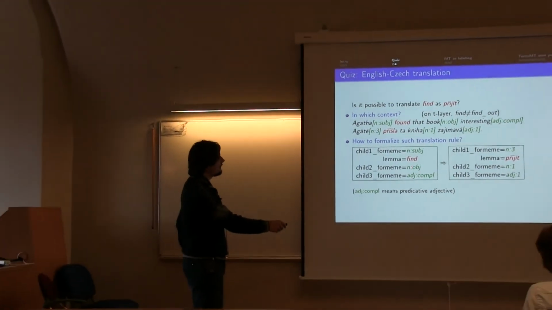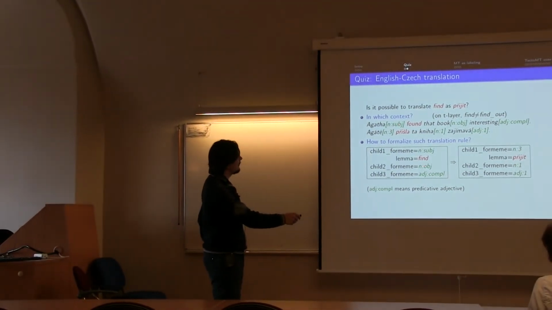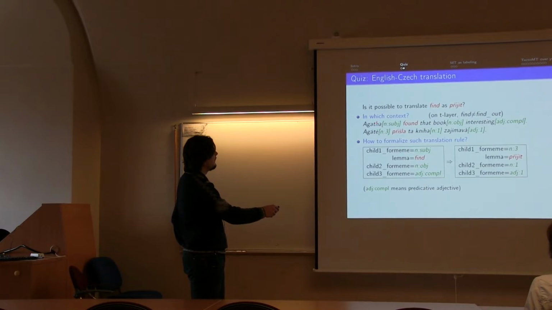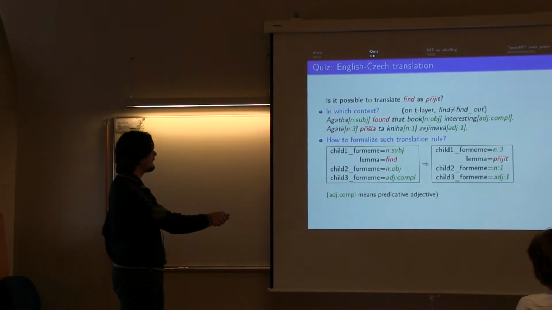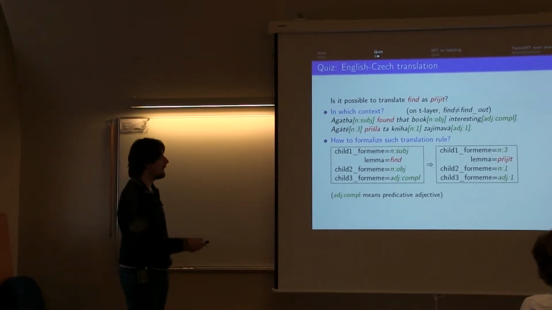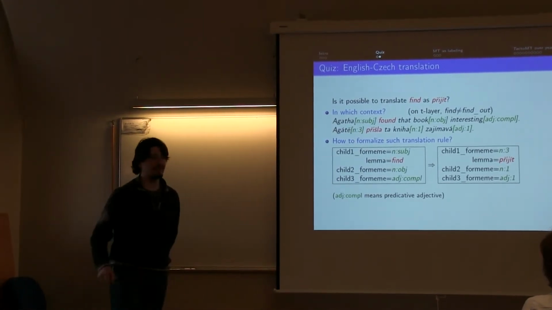But probably we would also like to translate, actually you can notice that Agata is a subject here, but in Czech the subject is the book and Agata is in dative case. So we need to also make some changes elsewhere.